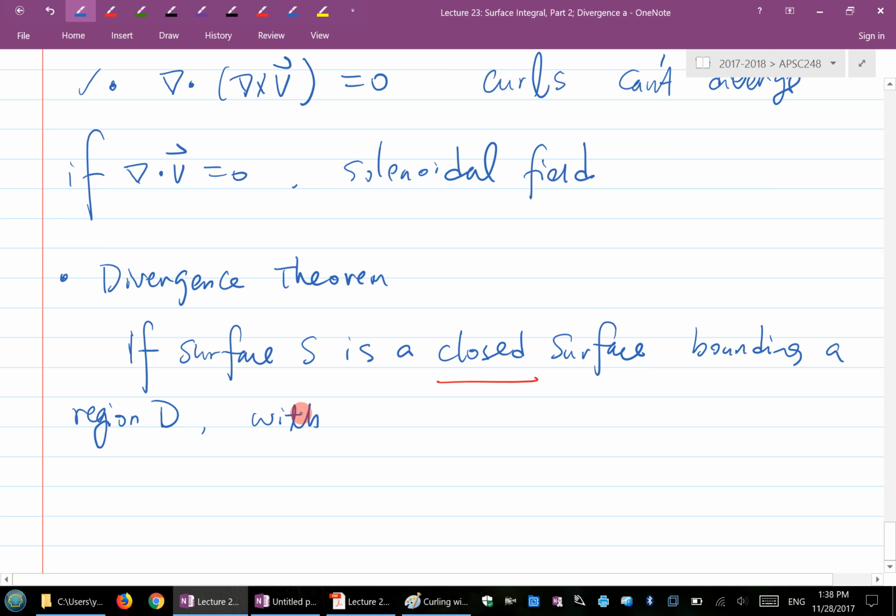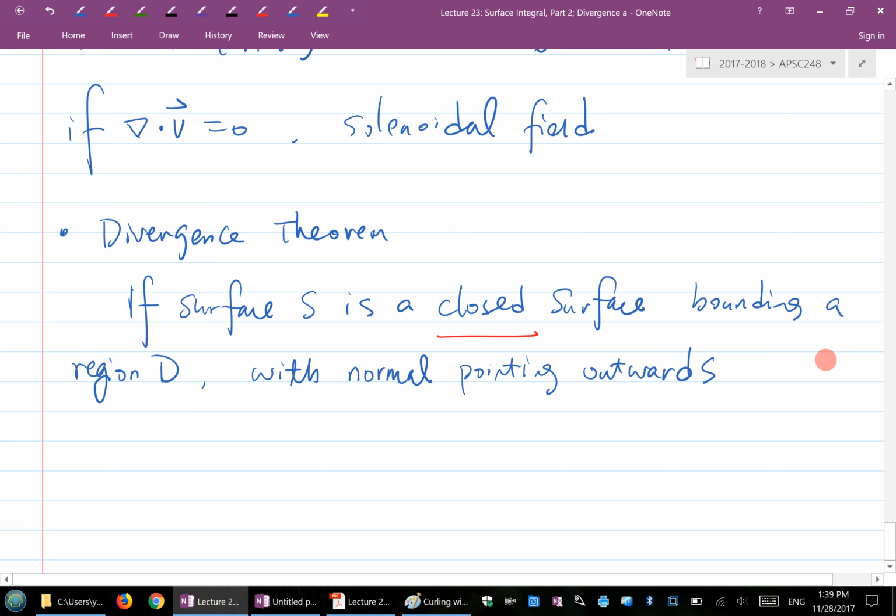Moreover, with the normal pointing outward. This is the precondition for the divergence theorem. It deals with a closed surface, and the normal for the surface has to be picked as the outward direction.